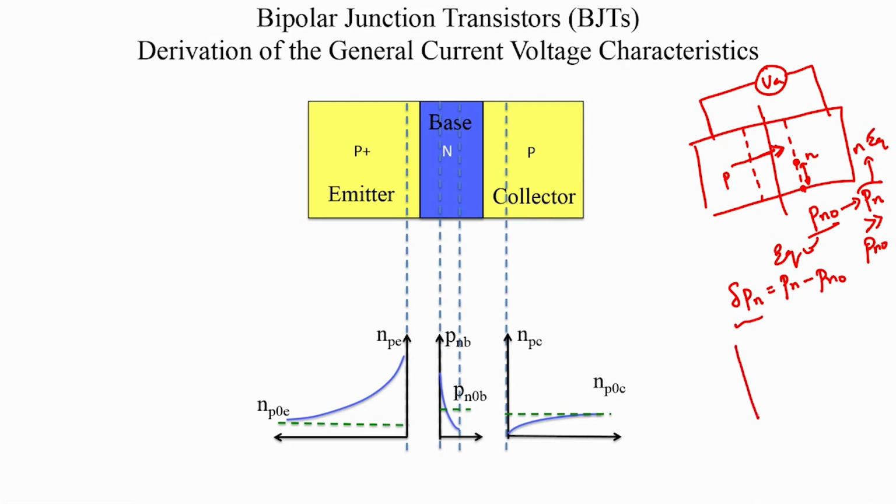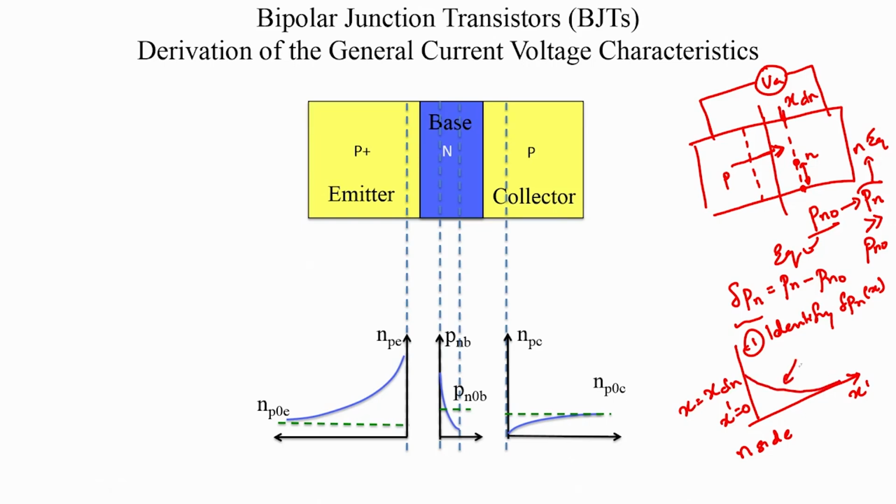And we said that we will first identify delta Pn as a function of x. So, we said that okay, on the N side we are going to have this coordinate system which was x dash, which had a starting point at x dash equal to 0, which corresponded to x equal to xdn. And we solved the continuity equation, and we first found that this delta Pn varied exponentially with distance, okay.